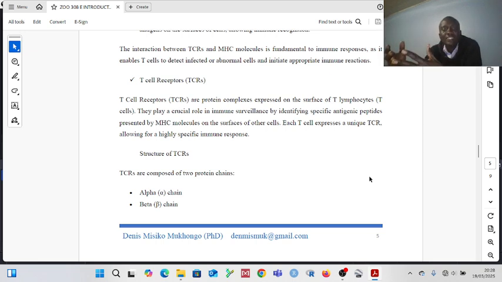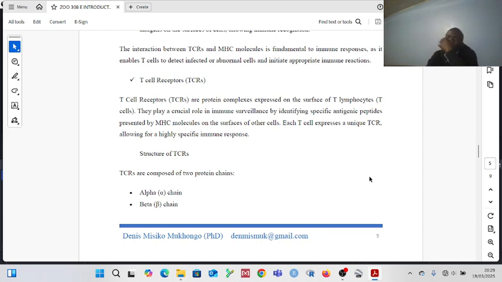Then it initiates an immune reaction. But if the peptides that are being presented by the MHC are of the same cell, they are not foreign, then the T cells will recognize it as self. Then it does not initiate an immune reaction. So by so doing, it only reacts when something is foreign, but it does not react if something is not foreign.